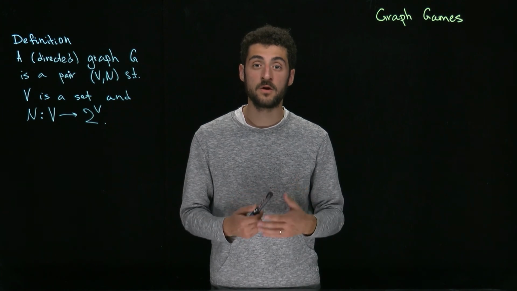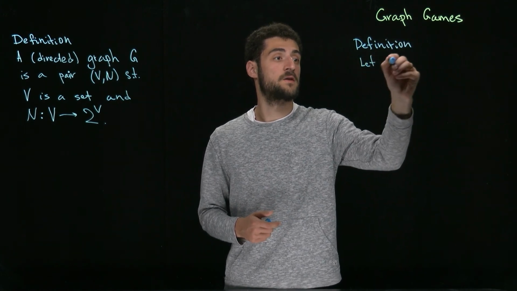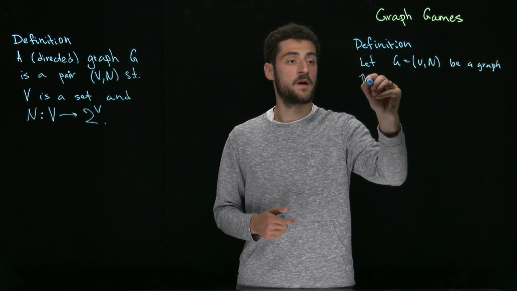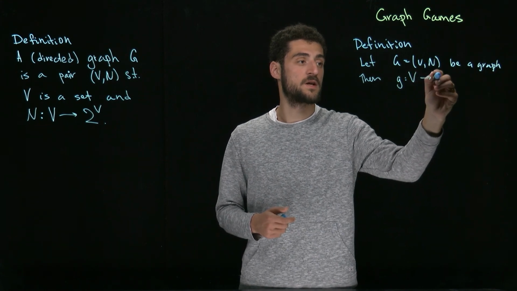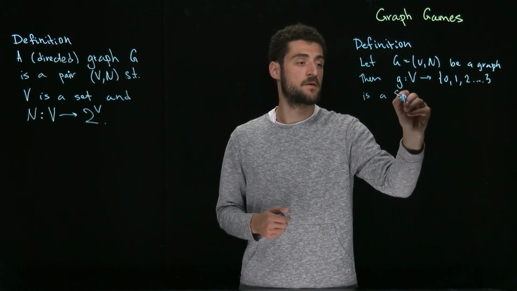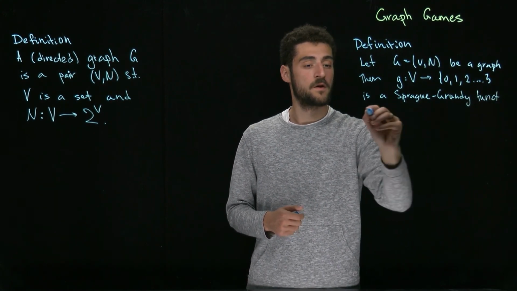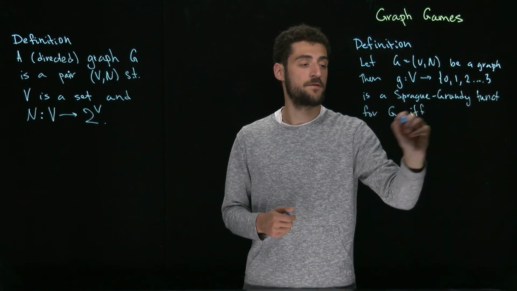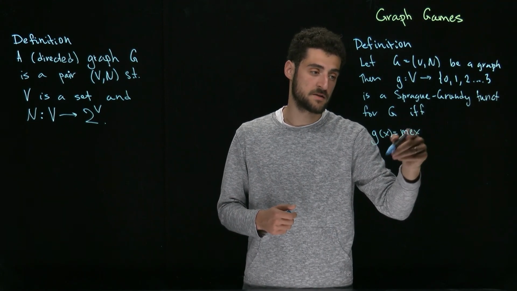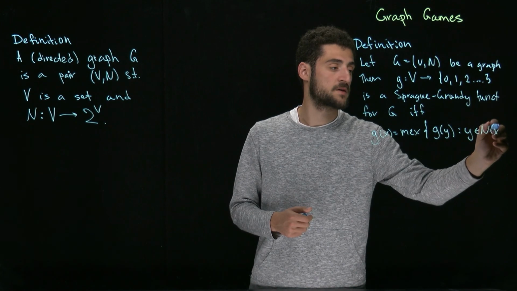Another notion we need is the notion of a Sprague-Grundy function. Let G be a graph, then a function g from V to the set of non-negative integers is a Sprague-Grundy function for G if and only if g of x is equal to mex, and please do not confuse it with the maximum function, of the set g of y where y are neighbors of x.